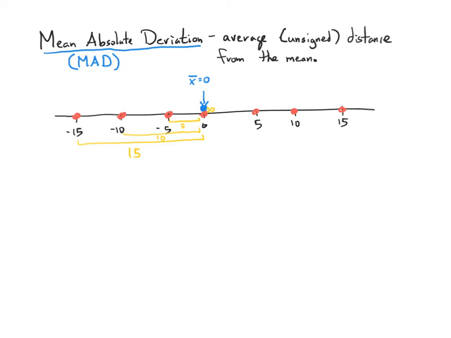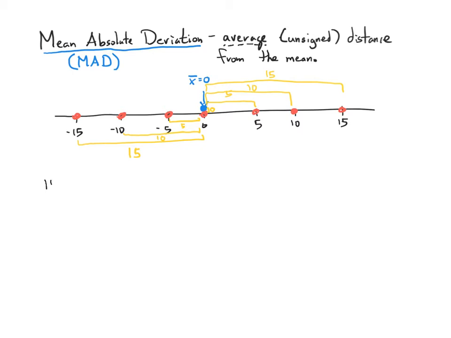It's 0. Then on the other side, from 0 to 5 is 5. From 0 to 10 is 10. And from 0 to 15 is 15. So we worked out all 7 distances from each data point to the mean. So we're just going to add them all together and divide by 7. We're going to take the average of all distances.